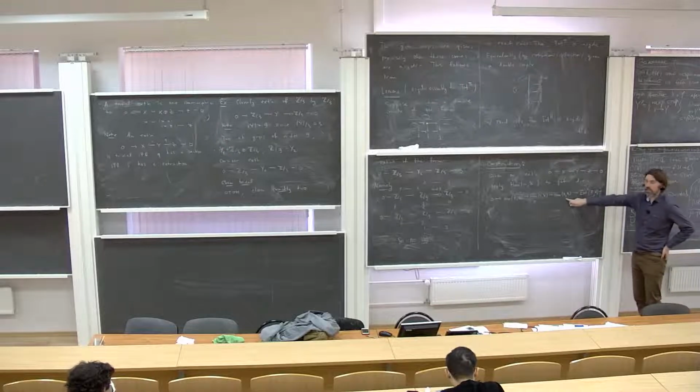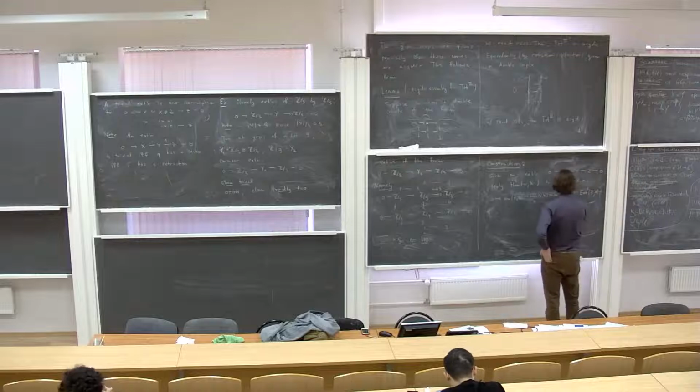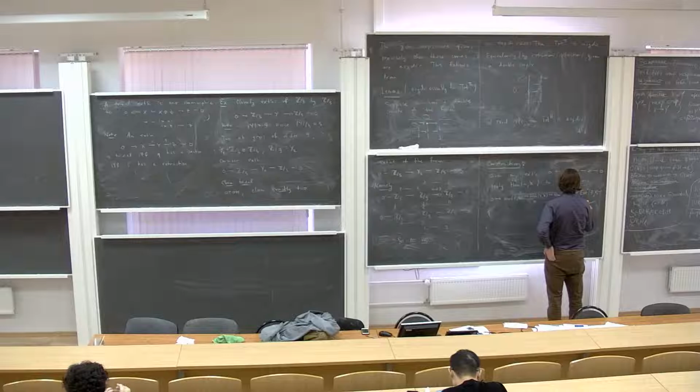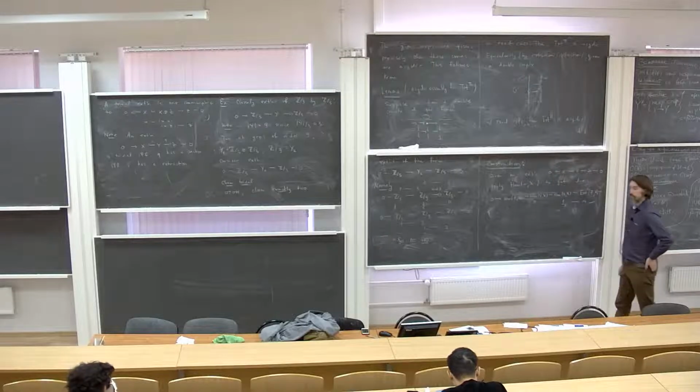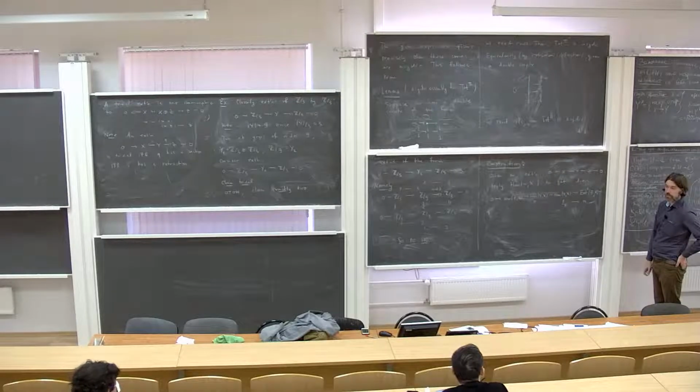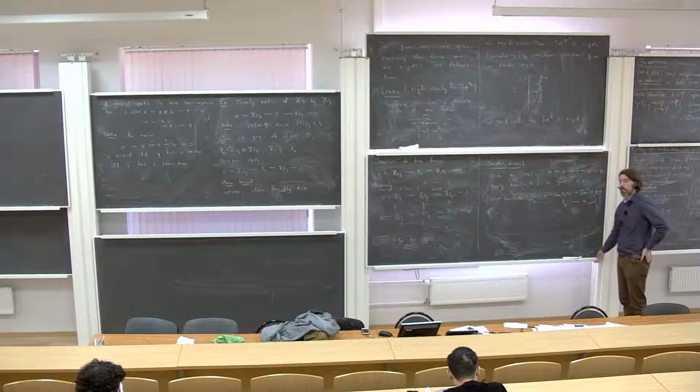And here there's a special element, namely the identity. So I have 1_X, and it maps to something. I'm going to call it alpha. It's just notation. It's whatever the image is here.